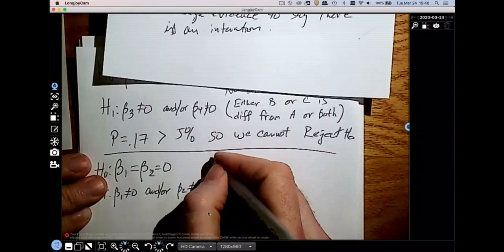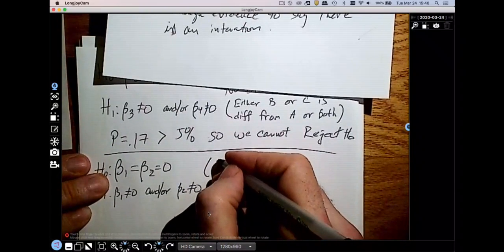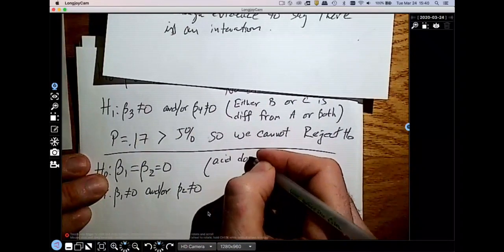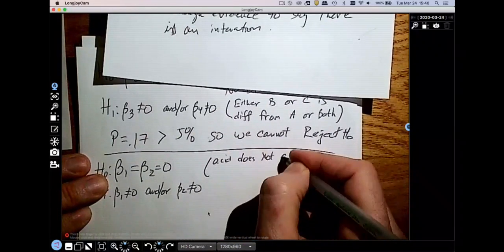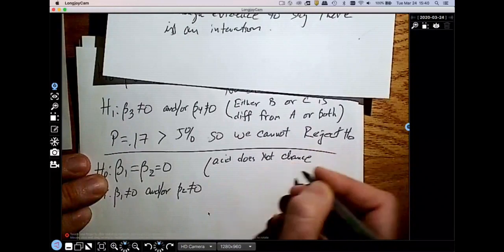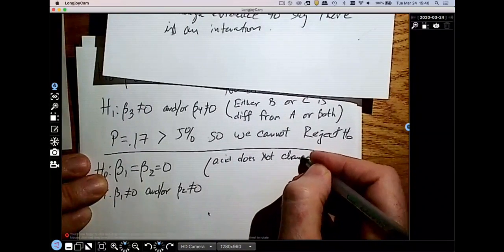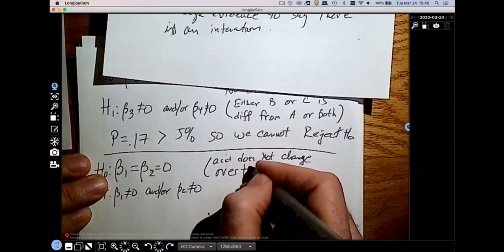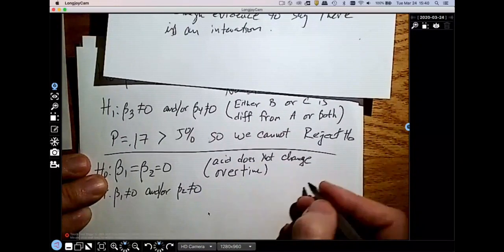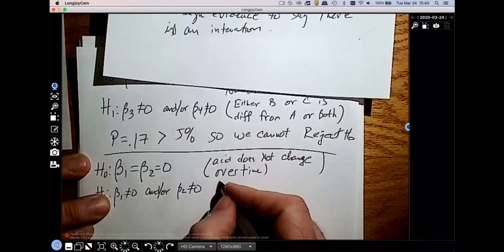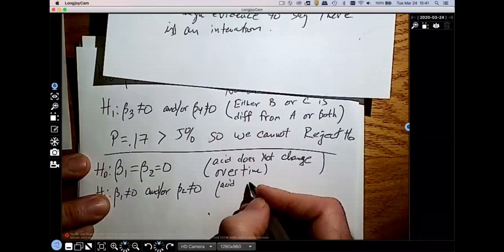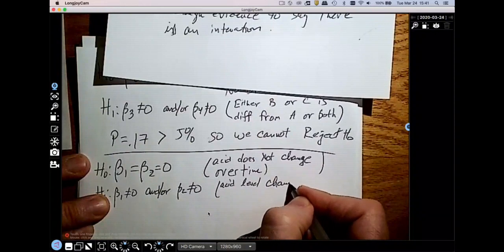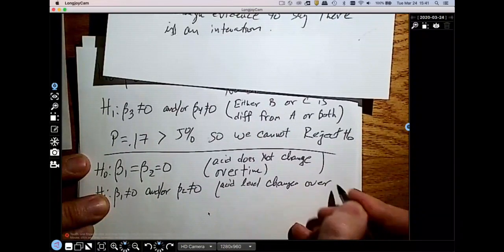So in English, this means acid does not change over time. In English, this means acid level changes over time.